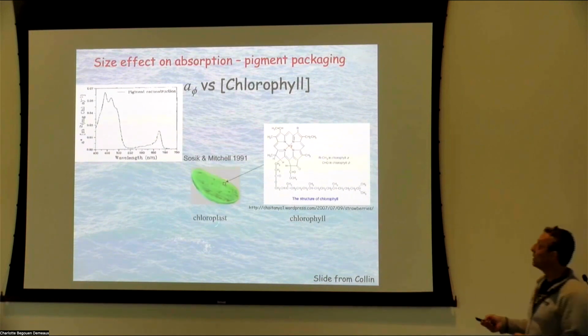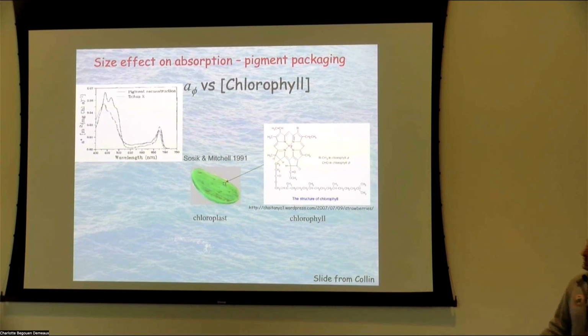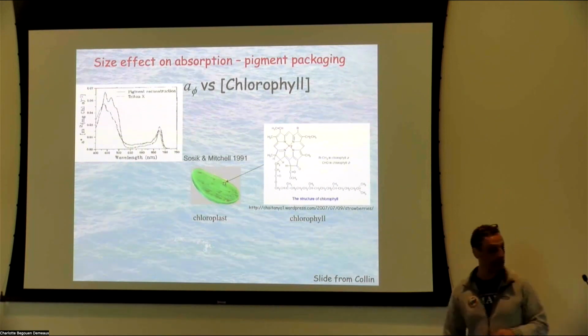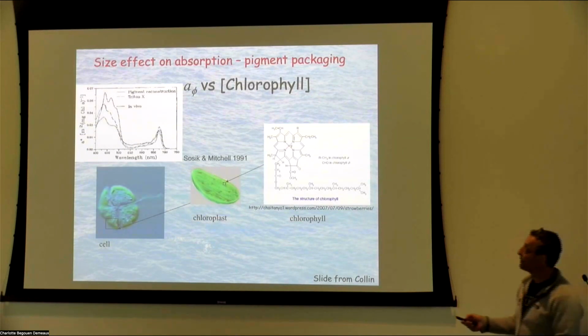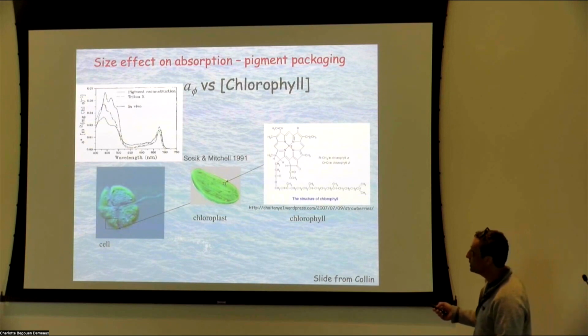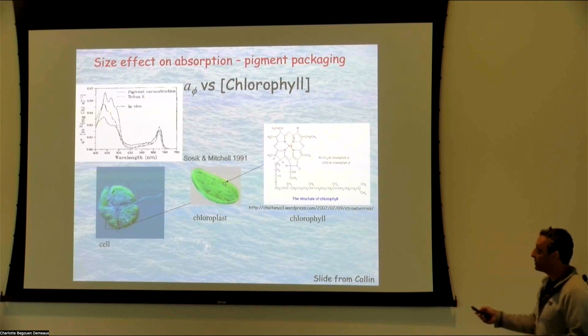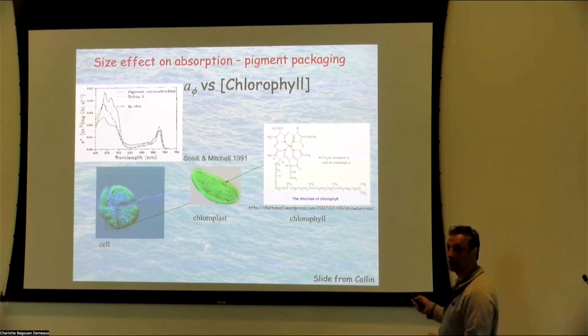But now you stick it in a chloroplast, and suddenly there are changes in the absorption. And now you stick it in a cell, and it's even more different. You see the reduction in absorption in these cases. And in the environment, it's in the cell. It's not recorded.